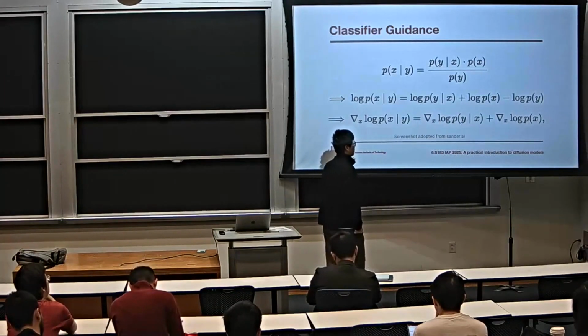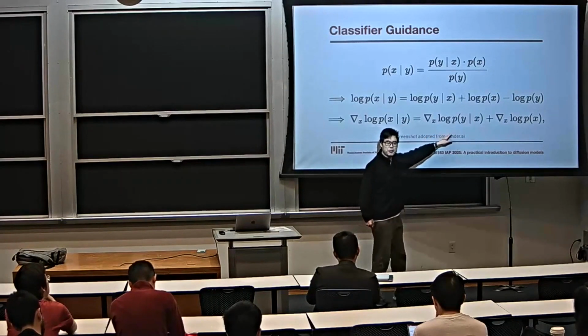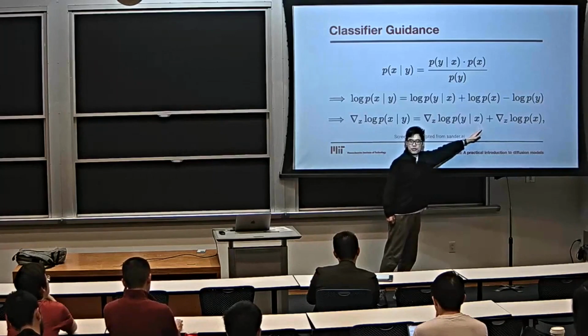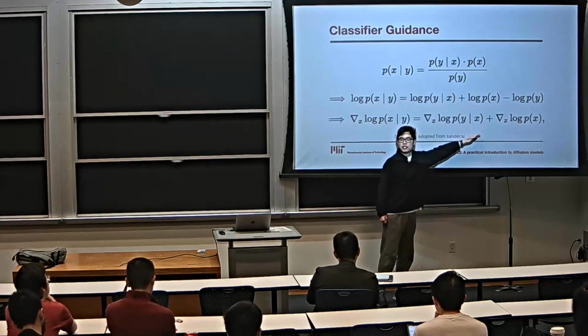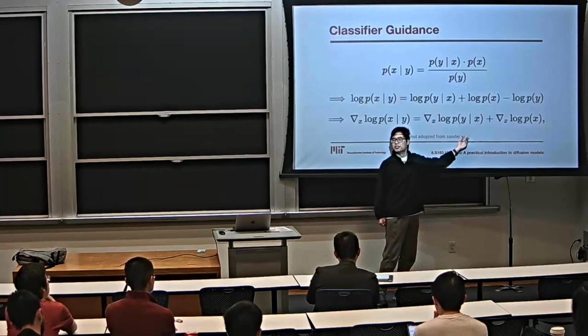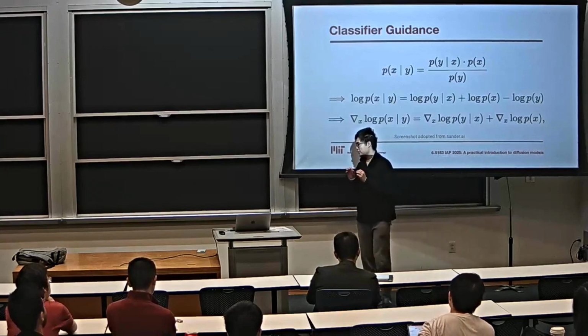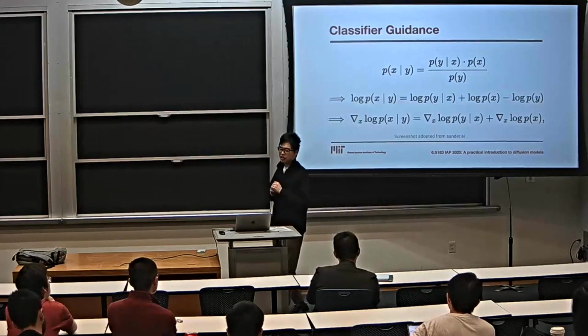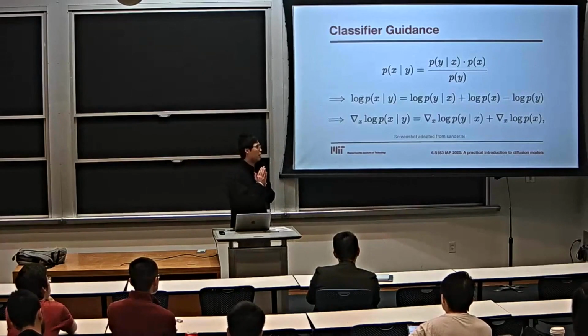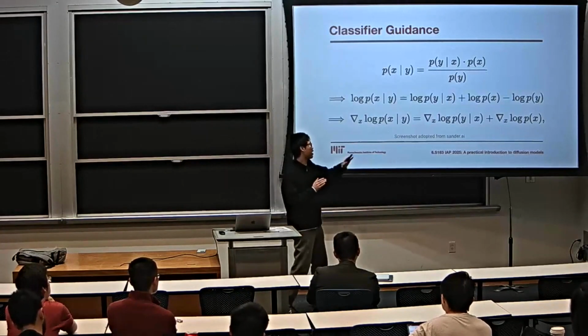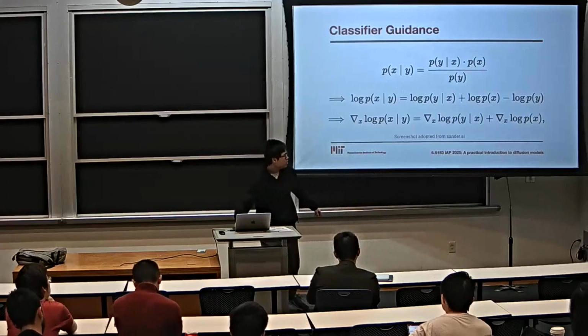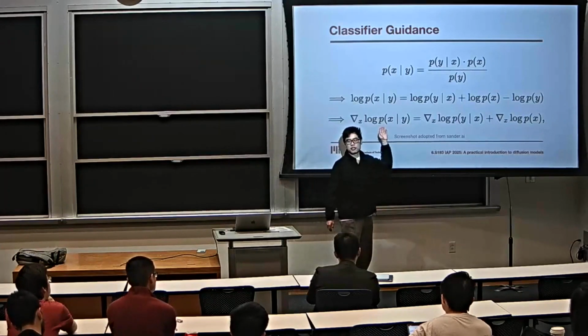And we can take a look at what this is. Y is a label. X is your image. What does this look like to you? It's a classifier, right? However, this is not as simple as a classifier, because in diffusion models, what is your x here? Your x is actually not your clean image.